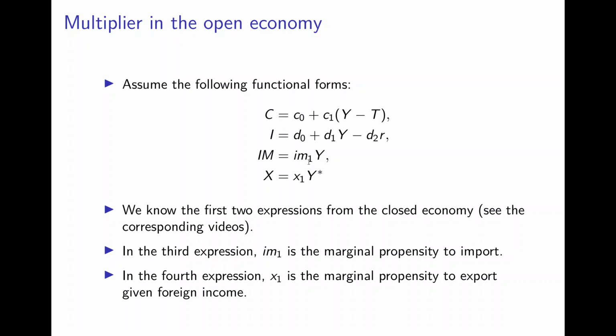Imports depend on incomes at home, with IM1 being the marginal propensity to import goods when incomes rise, and X being exports depending on foreign income, with X1 being the marginal propensity to export given foreign income, but we assume that foreign income is constant. We already know the first two equations from the closed economy. What's new is the third and the fourth equation.